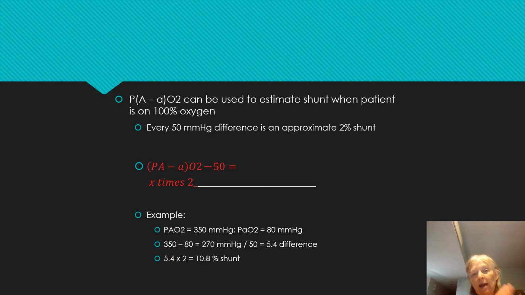If the A-a difference is greater than 350 millimeters of mercury on 100% oxygen, you are a candidate for support. In order to be weaned, the A-a difference has to be less than 350 on 100% oxygen. So add that to your list of what puts you on support and what takes you off of support.